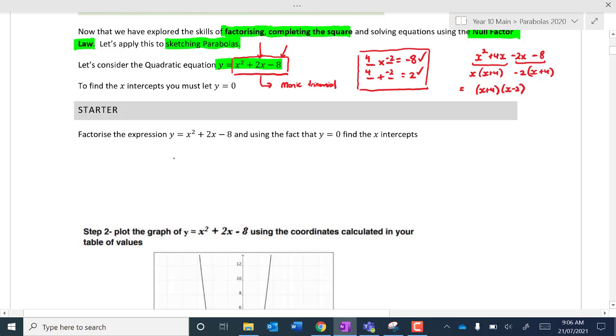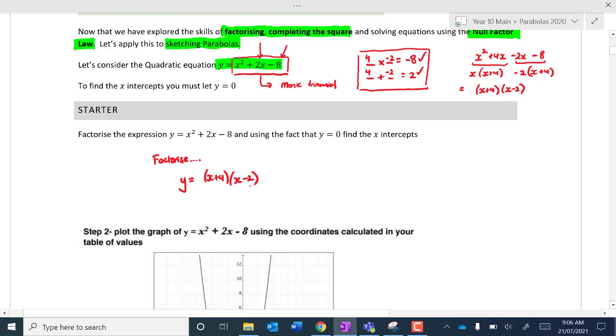Now, I've got the same expression here, but this time I've factorized it, so y is equal to x plus 4 times x minus 2.